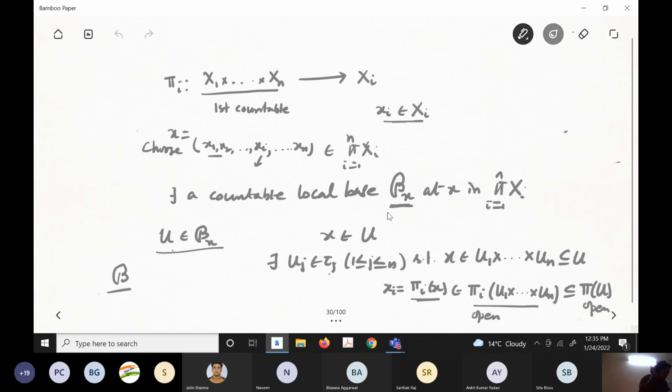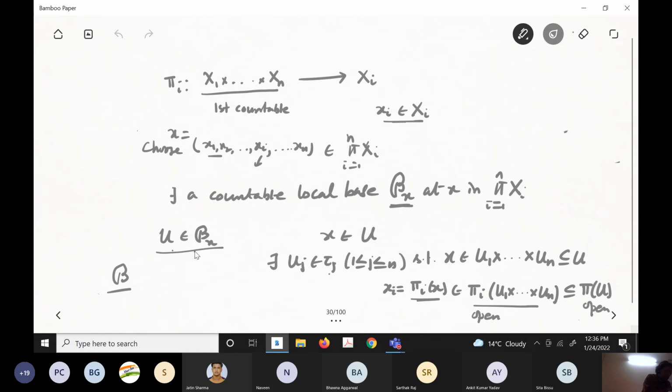I should start with this Ui, and I need to find a base. This you got, but I have not completed the proof. Okay, this is open, this is open, but you should check.